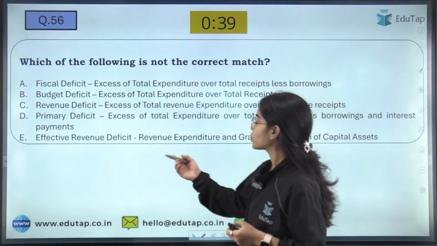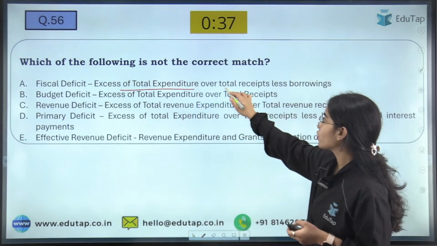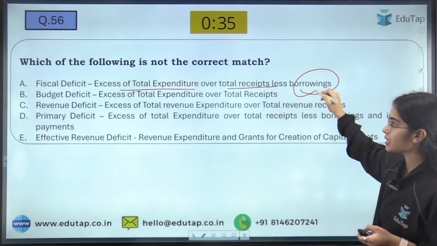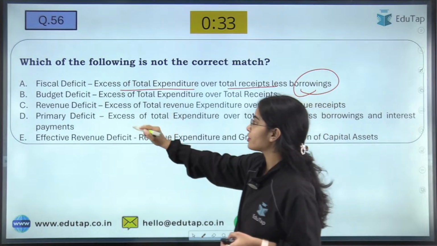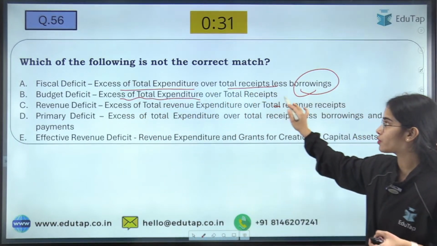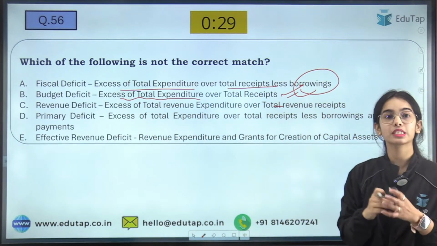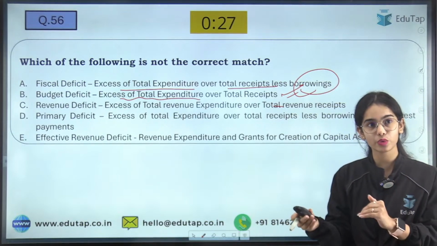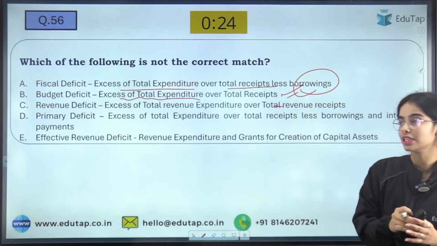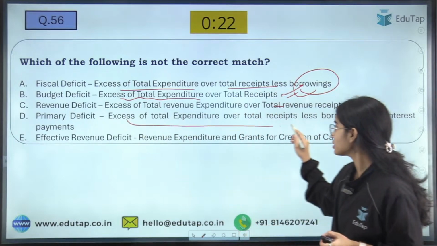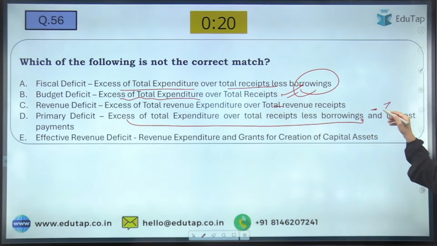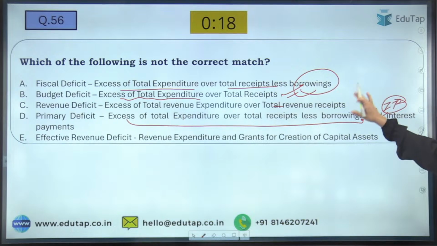Fiscal deficit is the excess of total expenditure over total receipts excluding borrowings. Budget deficit is the excess of total expenditure over total receipts. Revenue deficit is revenue expenditure minus revenue receipts. Primary deficit is fiscal deficit minus interest payments. So all this is correct.